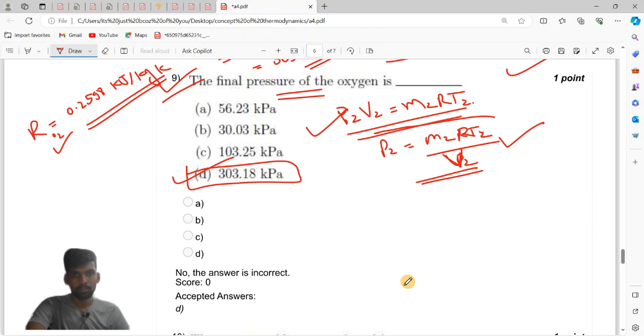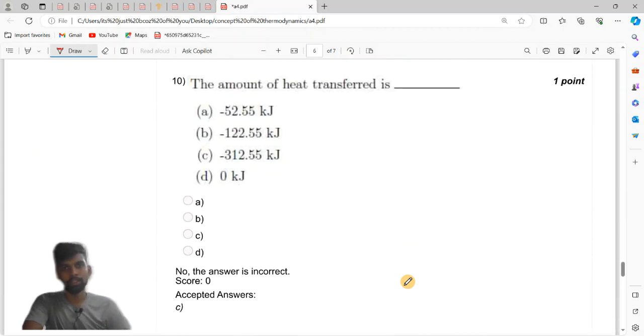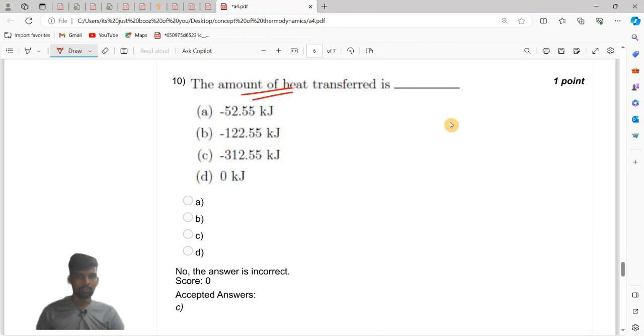So the ninth question is done. Then the final question is the amount of heat transferred. What I told you at the beginning, that the tanks are rigid, will help you solve this part. Since the tanks are rigid, we can't get any work output or do any work on the system.